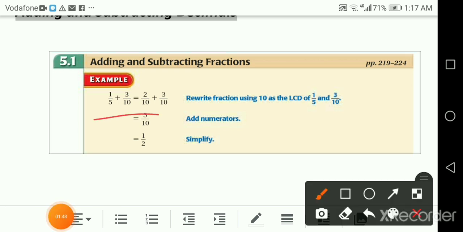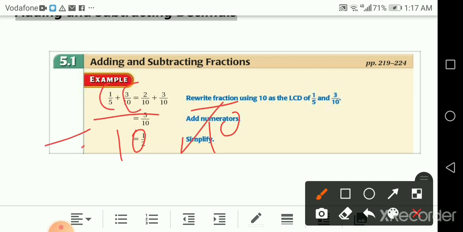Okay, you write 10 and 10, the same. What about the fifth? What happens to 5 to become 10? 5 multiplied by 2. What I do to the denominator, I do to the numerator. So 1 multiplied by 2 is 2.